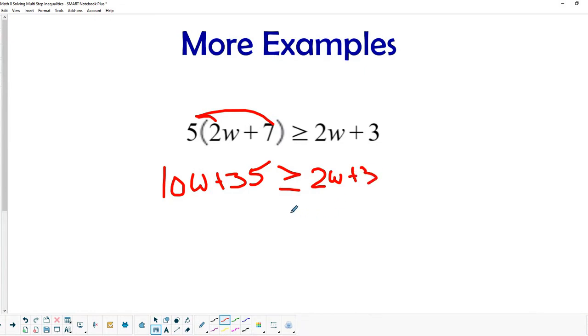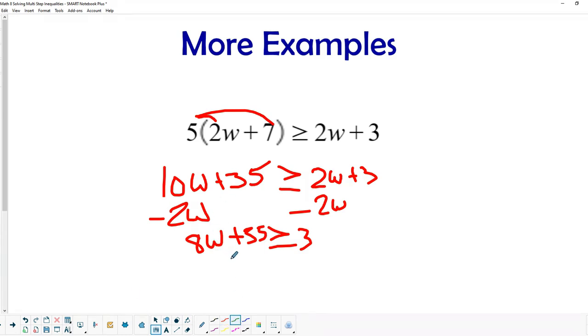If we move the w's to the left side by subtracting 2w, that will leave us with 8w plus 35 is greater than or equal to 3.